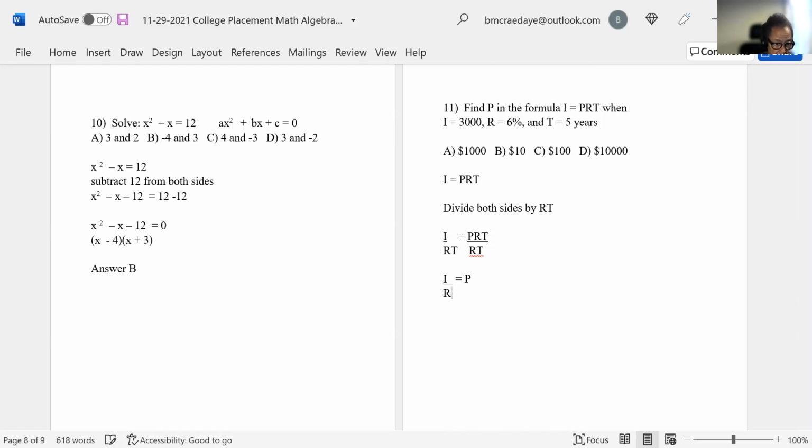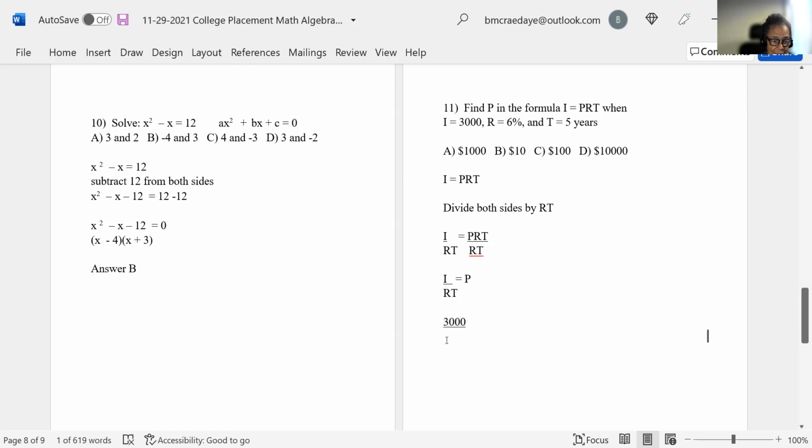So this RT. Okay. Now, what is I equal to, Maureen? So let's substitute in for I. 3,000. Okay. So I is 3,000. Put that here. And RT would be what? R times T. What is R?